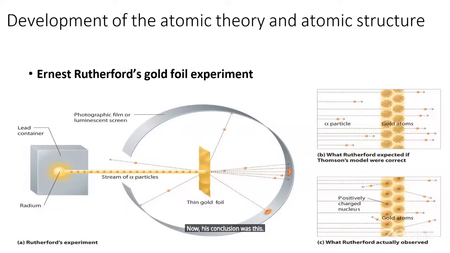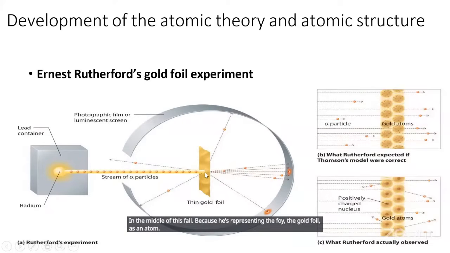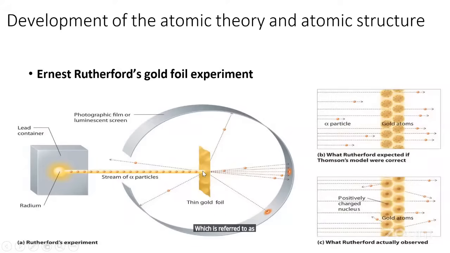His conclusion was that in the middle of this foil, because he's representing the gold foil as an atom, there is something hard, which is referred to as a hard, dense nucleus. And again, he said that because some of the alpha particles deflected to the side, whatever is there has a charge which is the same as that of the alpha particle, and that is a positive charge.